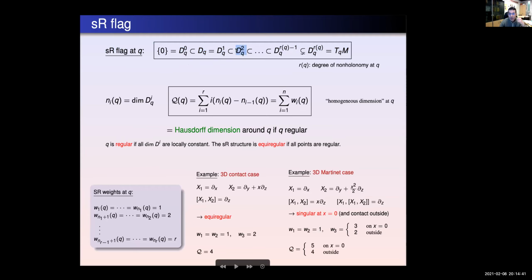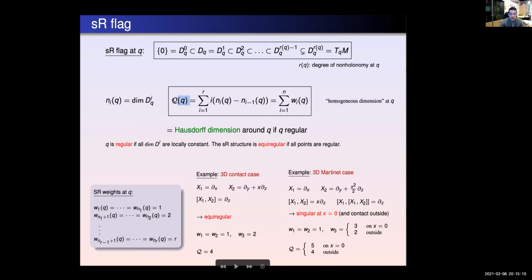This is the horizontal distribution plus the first Lie bracket, and then etc., etc., until you reach the whole tangent bundle. And from this filtration, you can define what we can call the homogeneous dimension at any point Q, which is defined as the sum of i times the difference of two successive dimensions of the filtration.